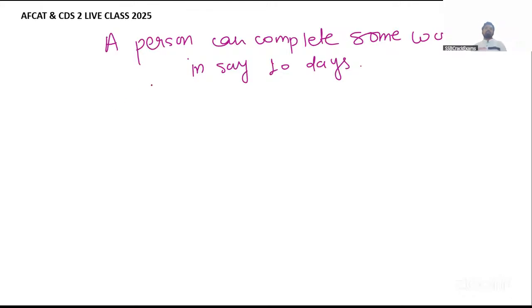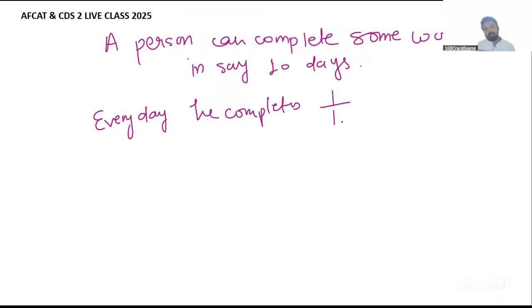Okay. So suppose he has to do a work and he completes it in 10 days. So it means every day he completes 1 upon 10 of the total work.